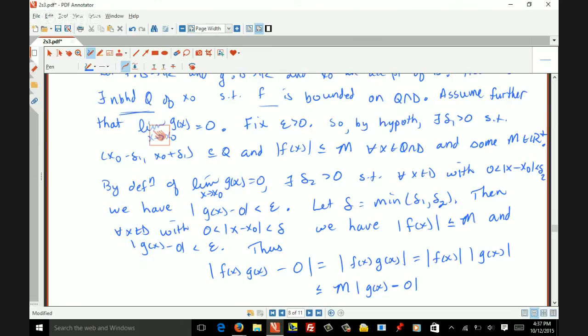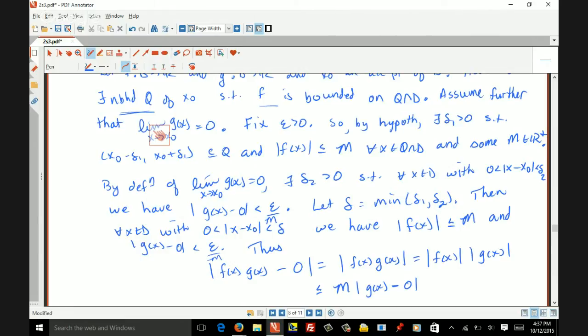I need epsilon over m. And so I should change that up here too. I have two of them where I make my first definition for delta 2. Oh yeah, right there.